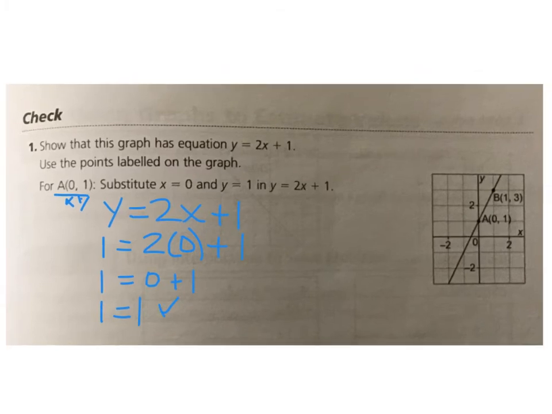And now let's test the second point. The second point they want us to do is called point B. It's 1, 3. I always label my point with x, y just so I don't forget. So in the y spot, I'm placing a 3. Let me just erase that.